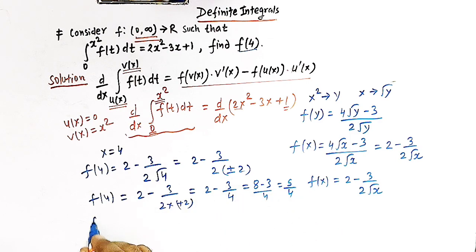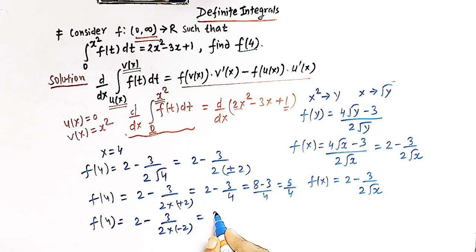And when we take the negative square root here, then f of 4 is 2 minus 3 over 2 times minus 2. So here we have 3, that is 2 minus here this negative and this negative becomes positive, so we have 3 over 4.